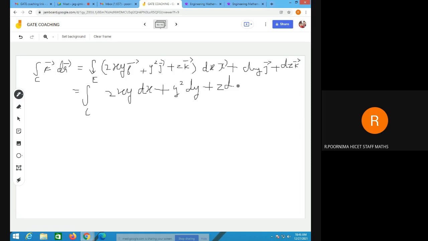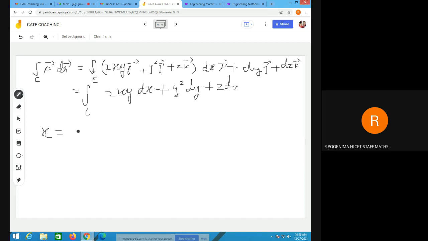Okay, so we cannot integrate this directly because of the circular path limits. So we need to change x, y, z into a parametric form. Convert this into a parametric form to find the finite value as a solution. The choices they have given are only finite values, so for getting a finite value we need to convert the variables x, y, z into a parametric form.